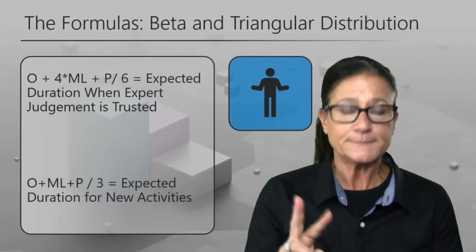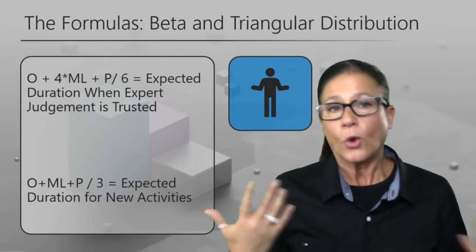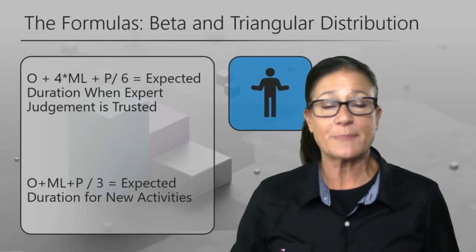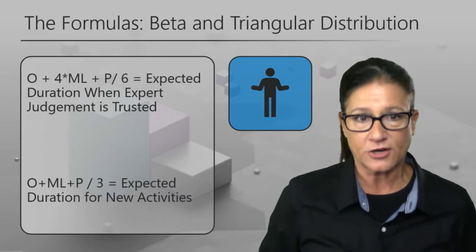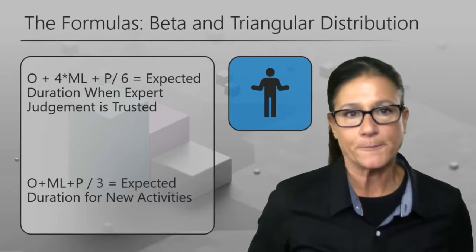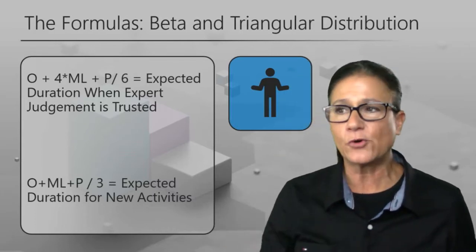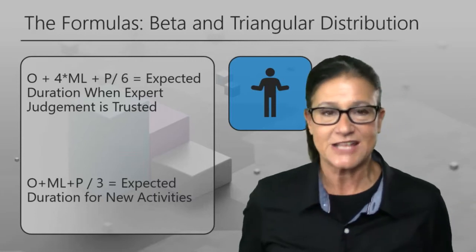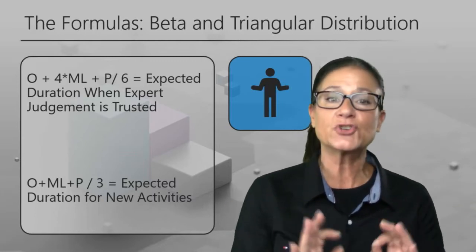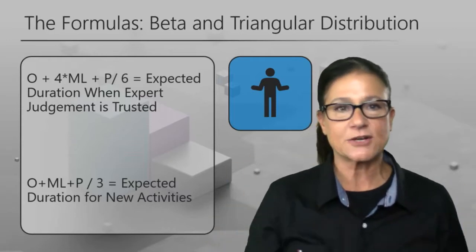There are two formulas. One is called beta distribution and one is called triangular. Whether you use one versus the other depends on whether or not your expert has done this particular activity before. And it can be on the project level as well. This is a similar project to one we've worked on before. So if that is the case, we're going to trust our expert judgment 4 times more than our optimist and our pessimist.